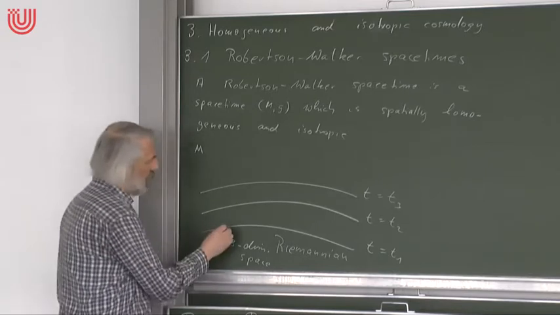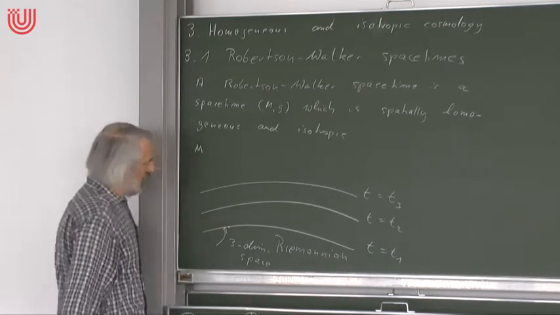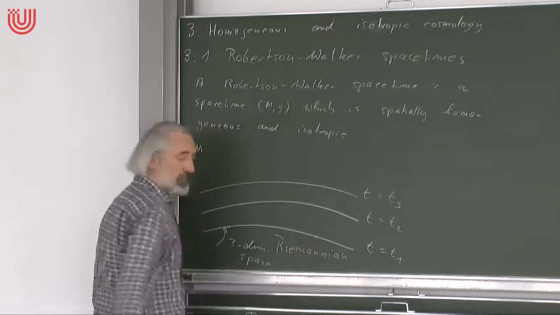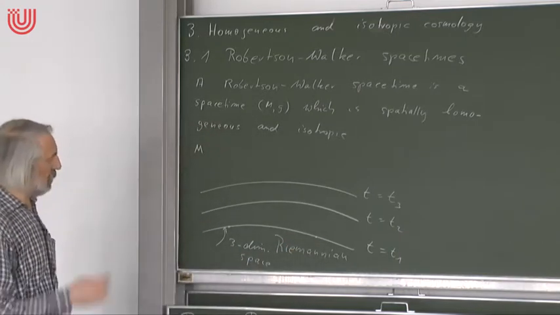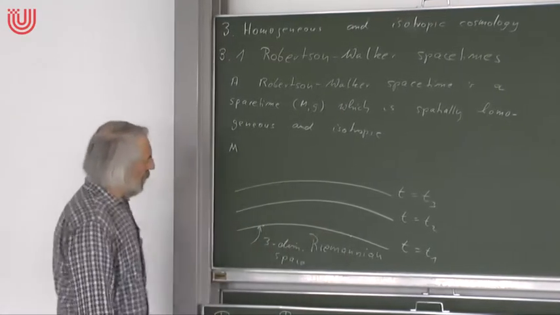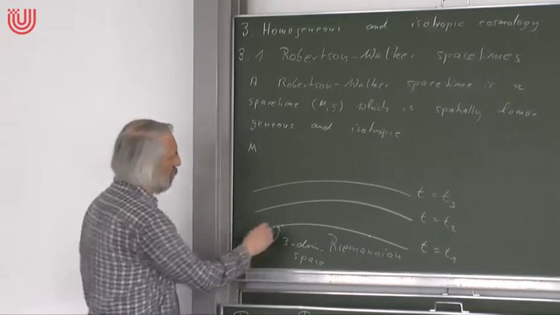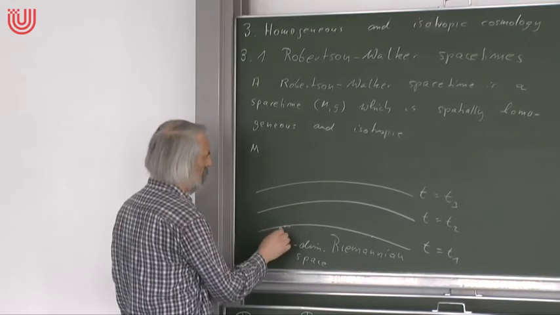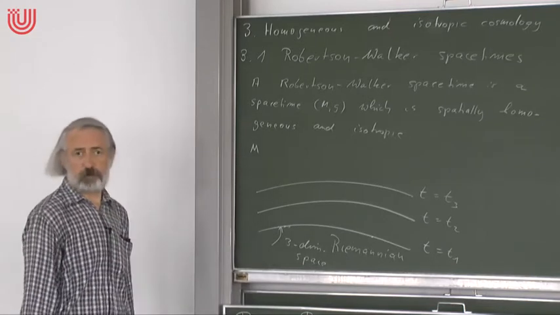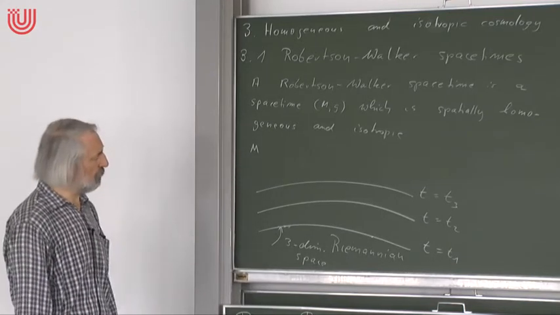What does this mean? It means that if I am at this point and I look around, I see exactly the same as when I am at this point and look around. And this is homogeneity. So the points have equal rights. And isotropy means if I look into a particular direction from here and I look into a different direction from here, I see the same thing. This is what we call isotropy.